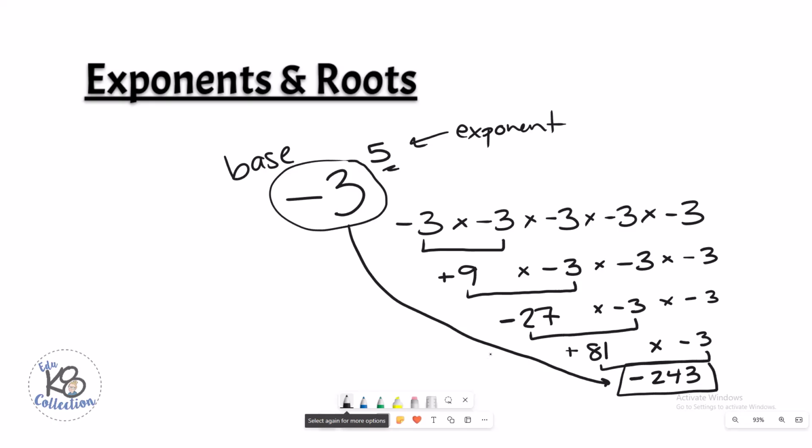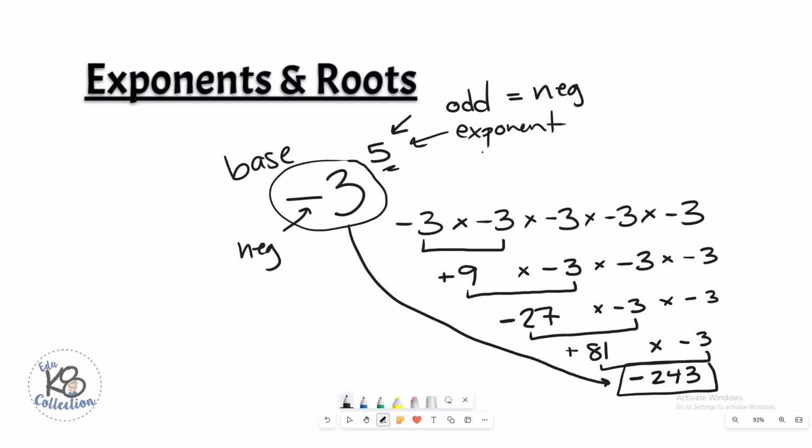Now there is a pattern here. Since multiplying negatives create a positive, if the base is negative, when the exponent is an odd number, like it is here, 5, our answer will be negative.